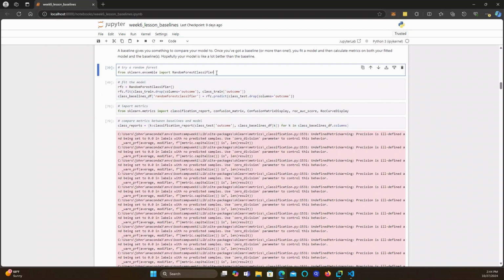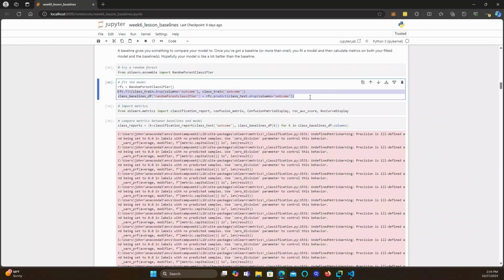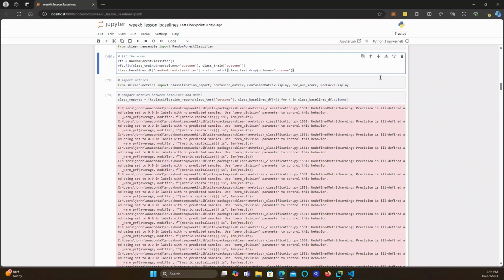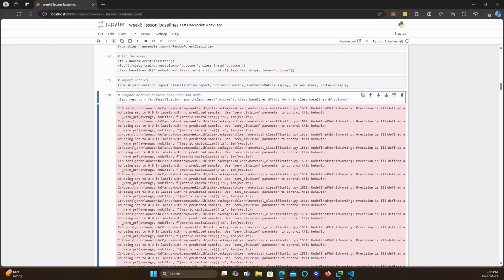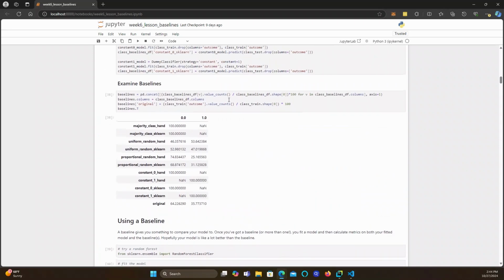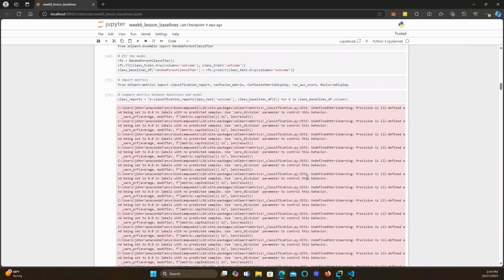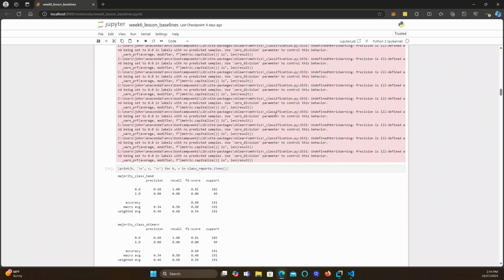So here, we're going to use a random forest classifier from scikit-learn, and I'm just fitting that on the training data and predicting using the test data. Now we're going to look at some metrics here. So I'm making a whole bunch of classification reports. It doesn't like this because the majority class baseline had 0 predicted ones, so it's giving us all these warnings saying you have no predictions in this class.